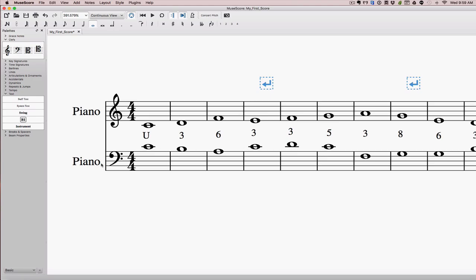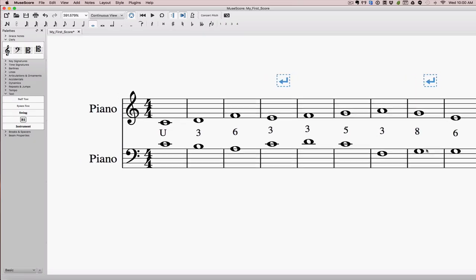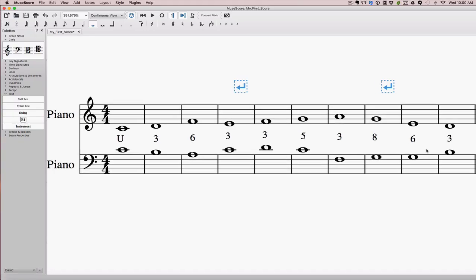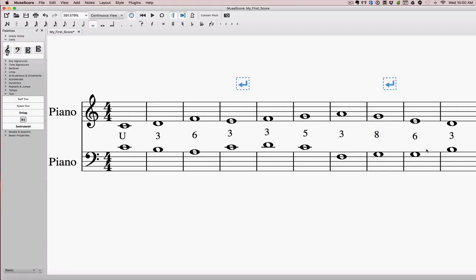They looked right, but I had the wrong clef here. So I switched this to a bass clef, and then I got the notes back to where they were so that it would be correct. What I should have done from the get-go was just put a bass clef here, because normally we see bass clef and treble clef.